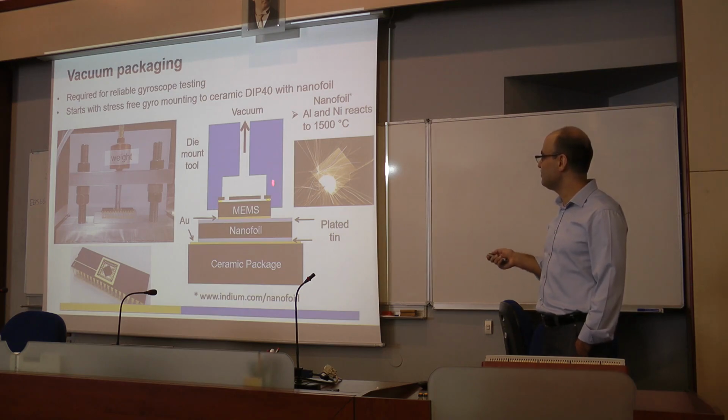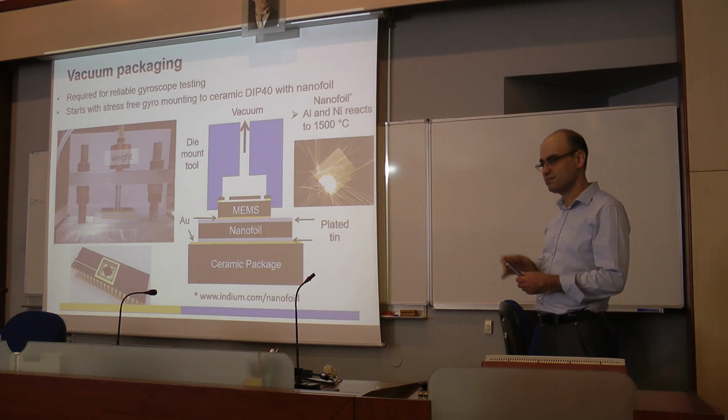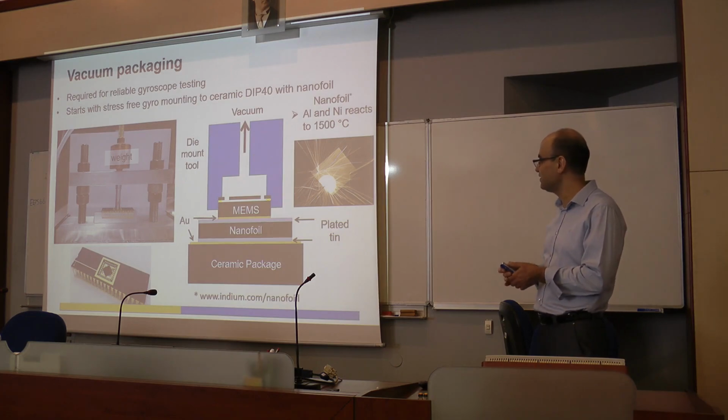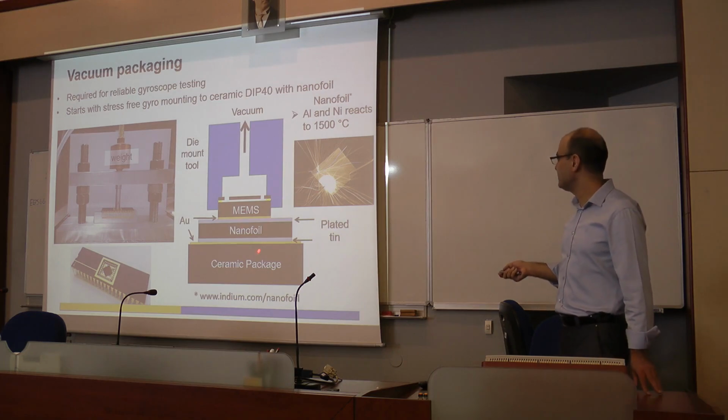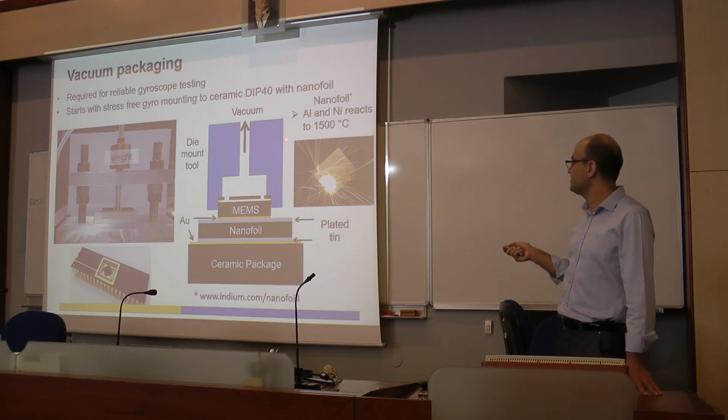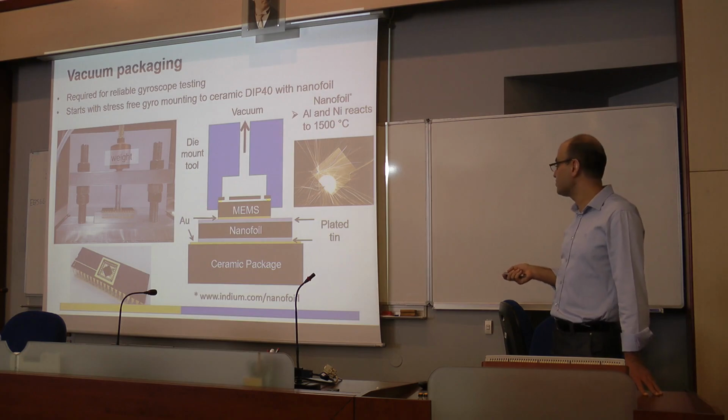So I was doing this in a unique way. I have an aluminum tool here. The MEMS device sits in this aluminum tool. You apply vacuum and then it holds it in place because you put it outside and then bring it here. So I found something called nanofoil. This nanofoil is a trade secret for the company who sells this.